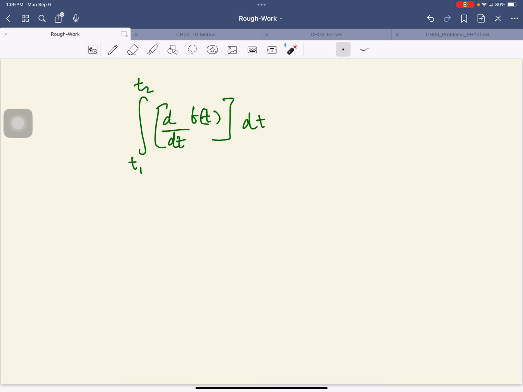What this fundamental theorem of calculus says, if you take the integral of a derivative, then the integral undid that, so to speak. And so this is f(t2) minus f(t1). So it's this function evaluated at the two endpoints. And we're going to use that.